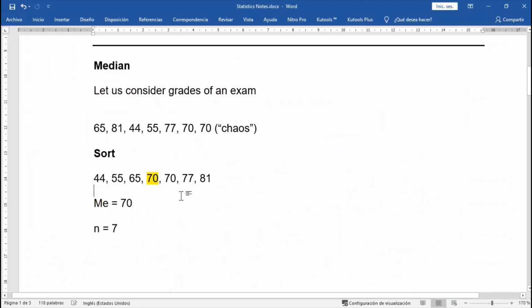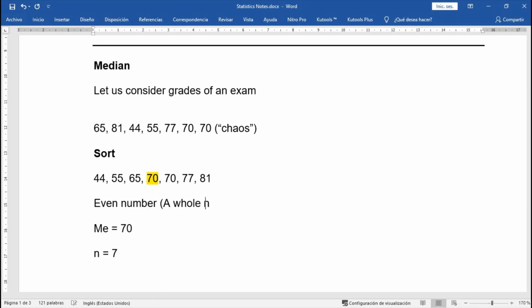So first of all, let's try to remember even number. An even number is a whole number that is divisible by 2.